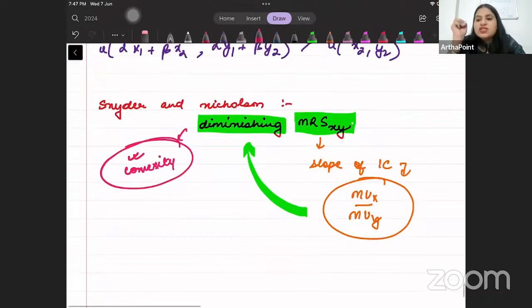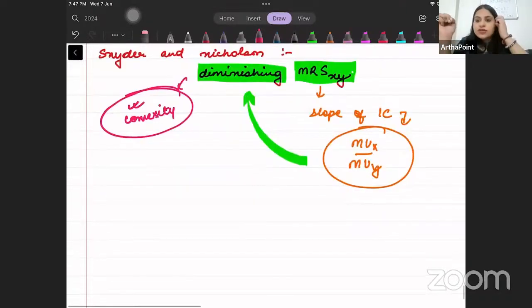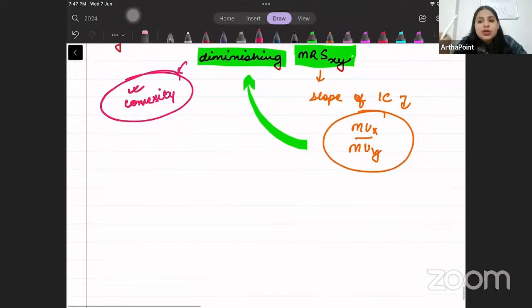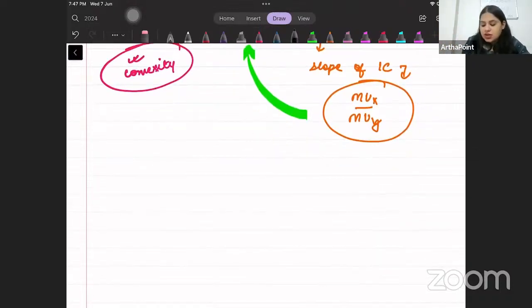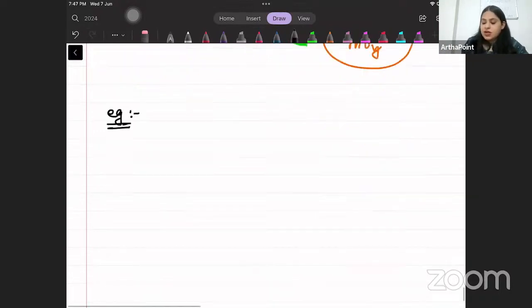Another question you will see in today's assignment that you do after this class. You have to check for convexity using this definition, whether MRS diminishes or not. Let us take two examples. This is very often asked in exams. So question: your utility function is x to the power half, y to the power half.